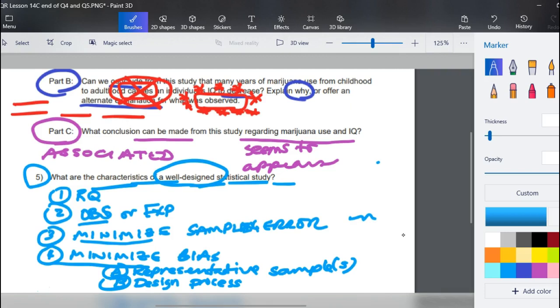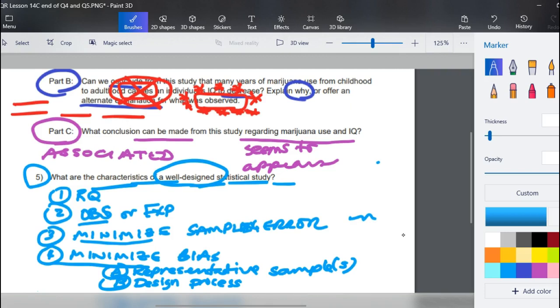I would like you to write down that the purpose of an observational study is to describe a large population and be able to infer to it, but there are also some limitations on an observational study. The primary limitation is that it can only describe what it observes. It can't explain.